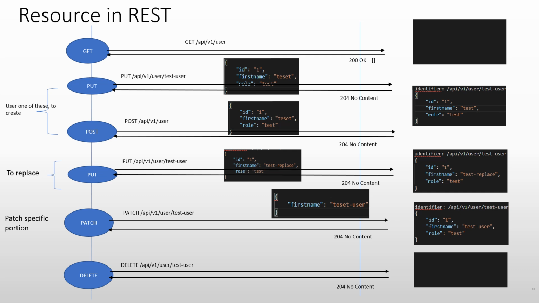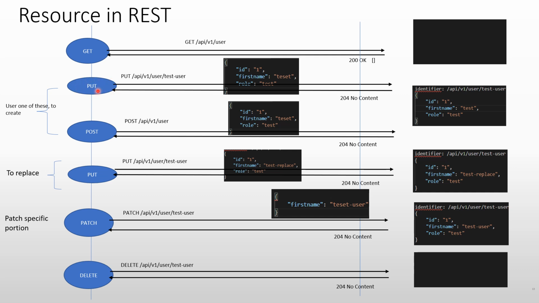Here is an example of resources in REST. When you look at the first line, GET /api/v1/user is the resource identifier, and you're trying to get that resource, and it comes back as 200 OK.